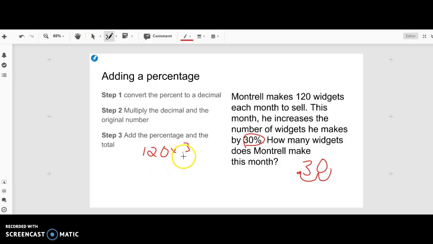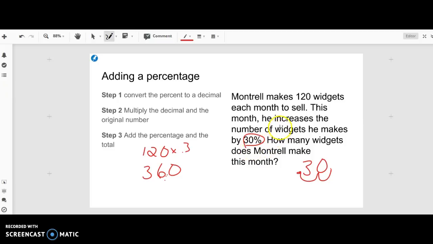I can drop this last 0 off, and I can do this in my head. So 3 times 12 is 36. 3 times 120 is 360. I have 1 decimal point, so that goes right there. So I have 36.